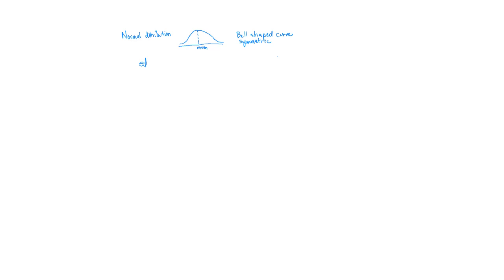So if the standard deviation is large, is big, then our curve is more flat. If our standard deviation is small, then our curve is bunched together. Our data is really, really close together. And again, the mean is in the middle in all instances.